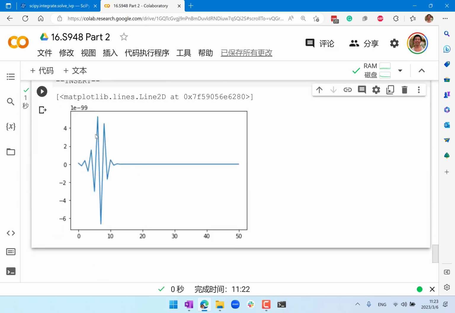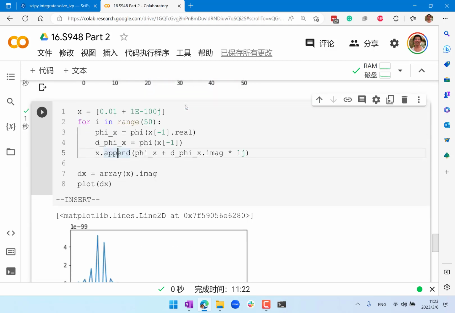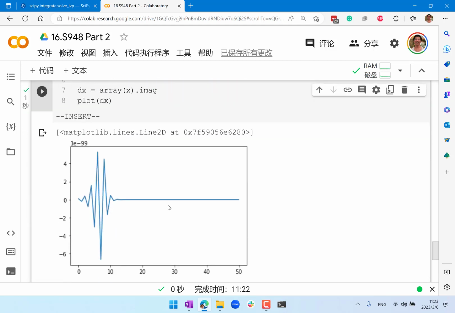After that, as the solution more or less reaches the limit cycle, the perturbation starts to decay, and ultimately it becomes something not even visible on the plot.